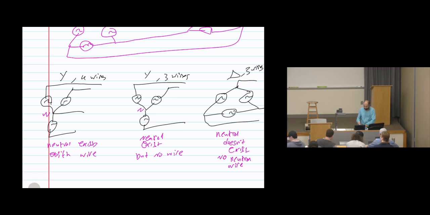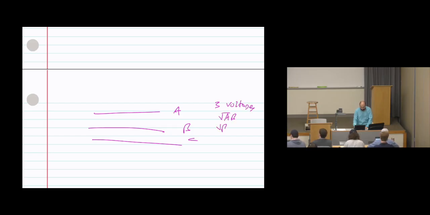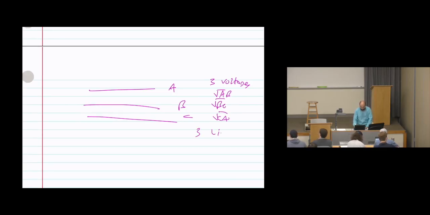So in any 3-wire system, you will have only phase A, B, C, and only 3 voltages, VAB, VBC, VCA, and 3 line currents, IA, IB, IC. Those are for the 3 wires.